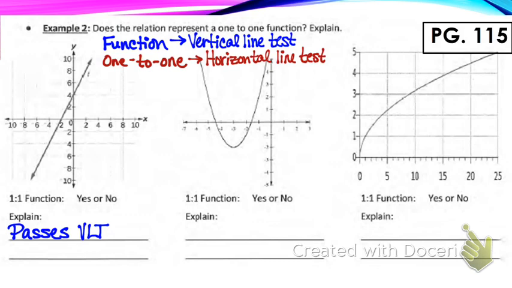Only if it passes this do I turn my pencil this way. Horizontal line now. If I run a horizontal line across this graph, does it cross in more than one spot at a time? No. So it passes the horizontal line test, HLT. Does that mean it is or is not one-to-one? It is. If it passes both tests, it's one-to-one.